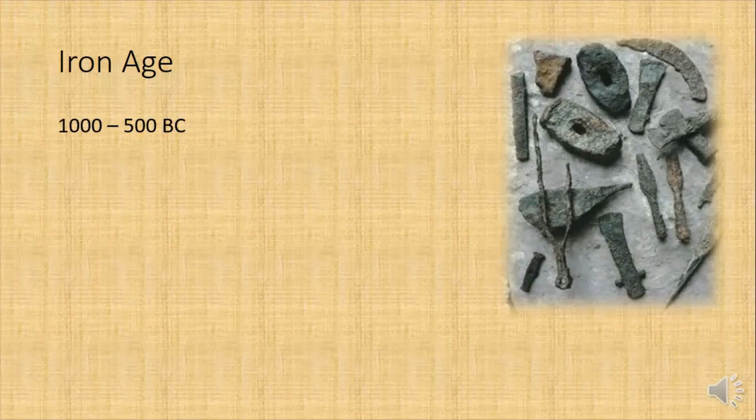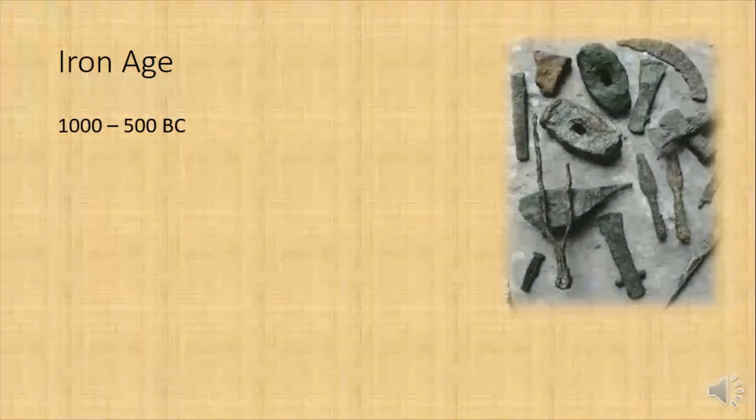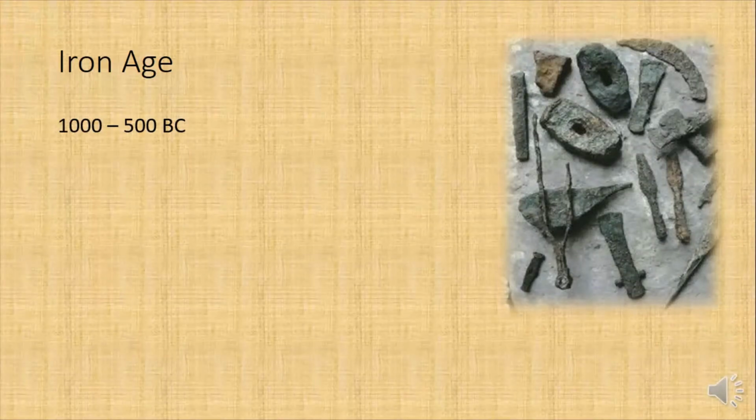Now, there were a lot of different things going on in the Iron Age. We know that the early humans in the Bronze Age were able to melt bronze and put it into shapes and mold it into what they needed. They still did the same thing with iron.